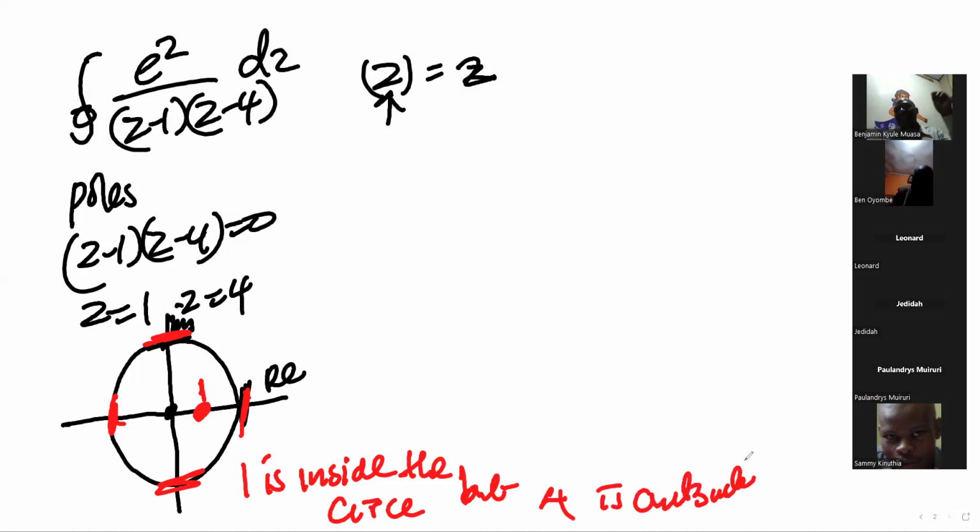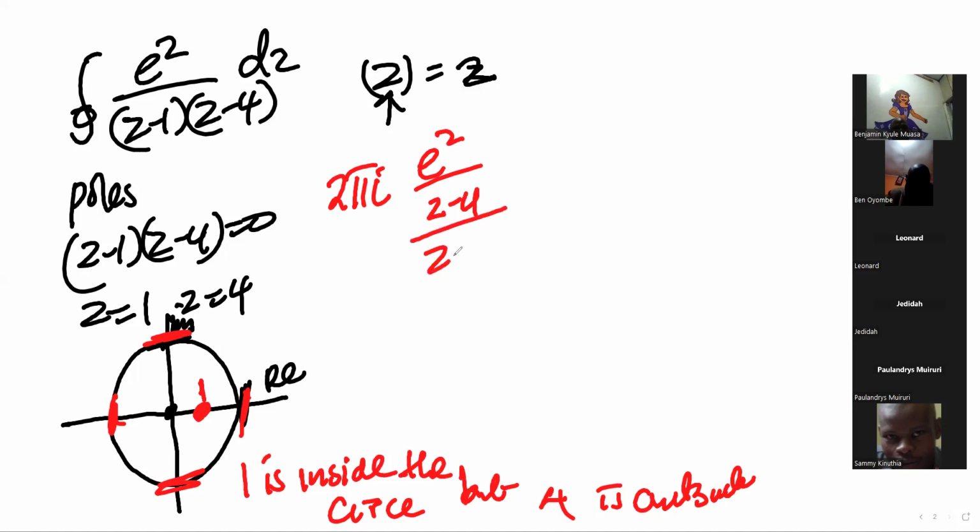And we see that according to Cauchy integral formula, if a point lies outside the circle, the integration of that thing is 0. So it means that our answer will look like this: 2 pi i times e to power z divided by z minus 4, over z minus 1, then z equals 1.